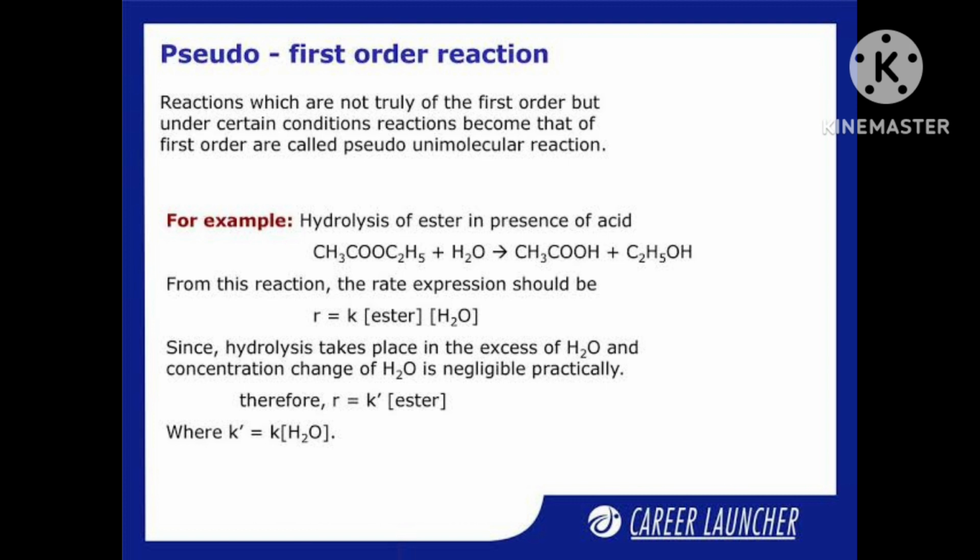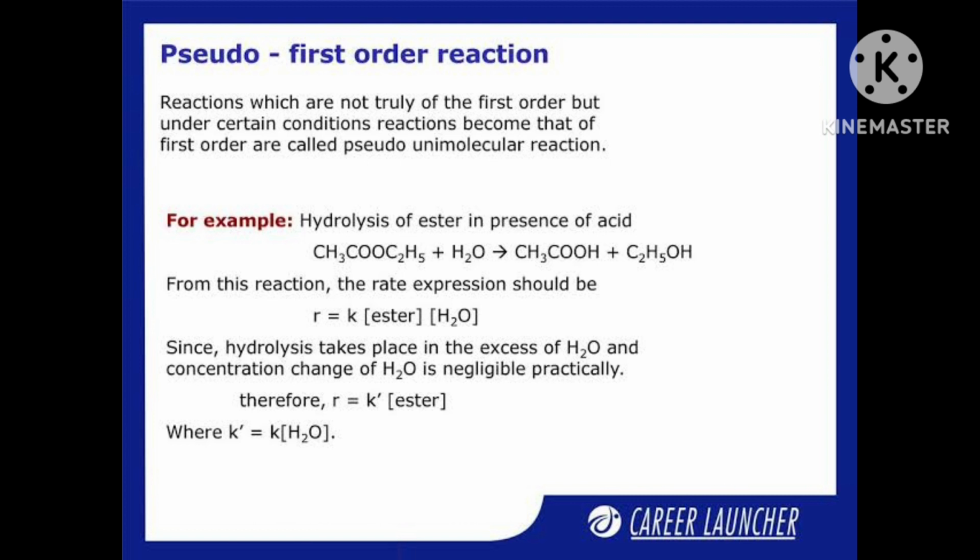Now here you have written K, so K is equal to what? K dash into H2O. In the beginning you wrote K dash when both terms were present, but now you are writing only K. K is the new constant, equal to K dash into H2O.